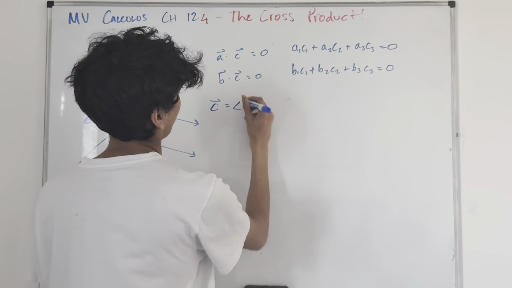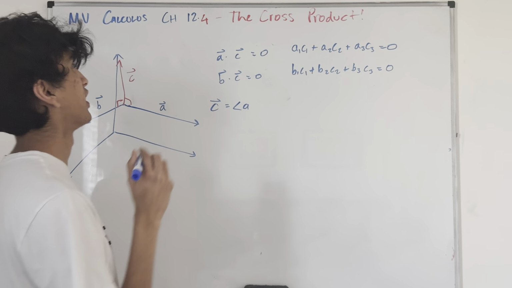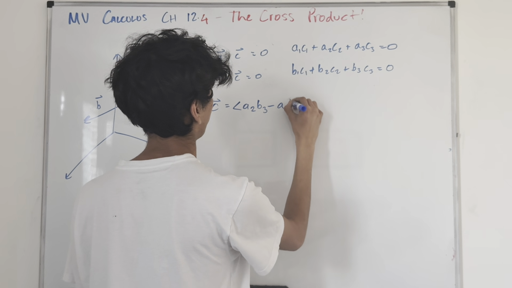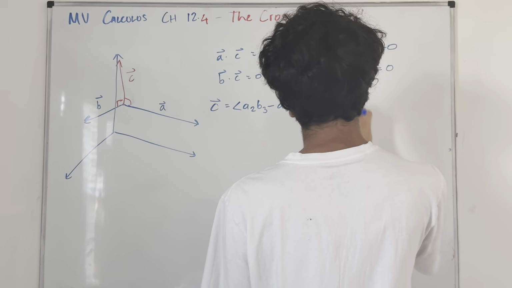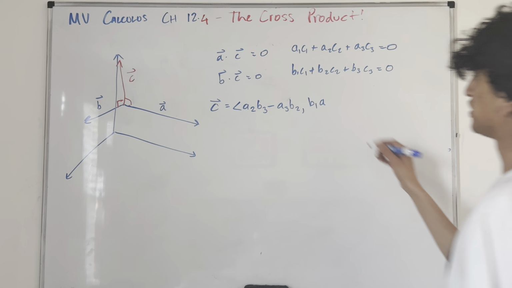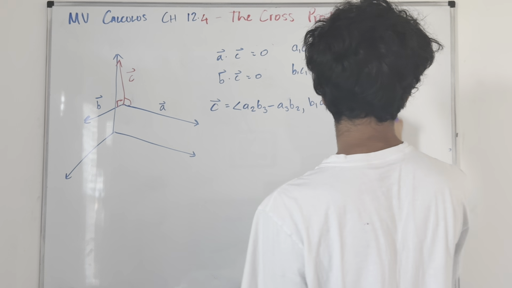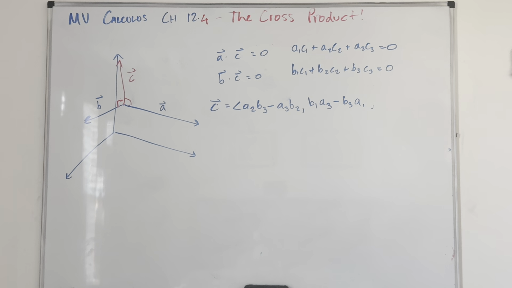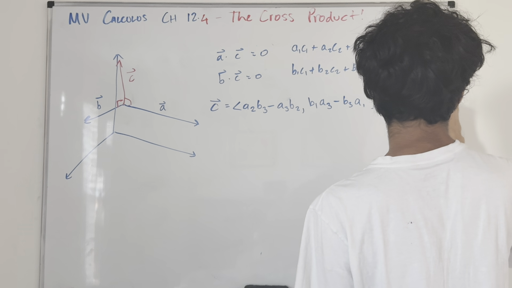something like A1, no, wait. It would end up equaling A2 B3 minus A3 B2, comma, then B1 A3 minus B3 A1, I'm kind of going off my head here, comma, and then it would be A1 B2 minus A2 B1.